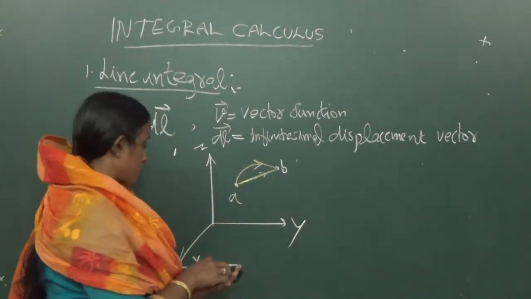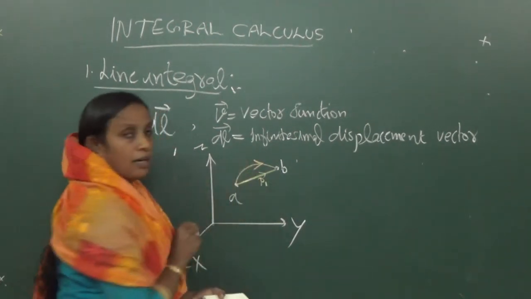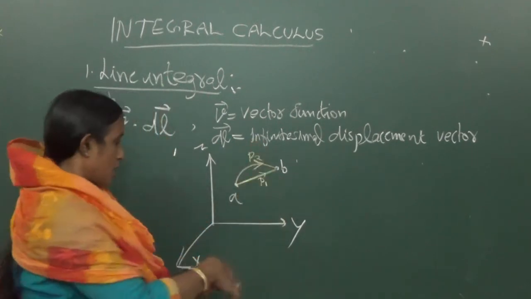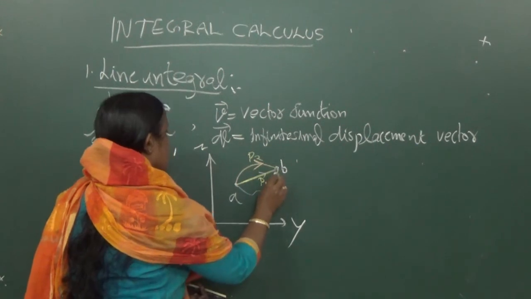Suppose this is path 1, P1, this is path 2, P2, and there is another path P3 like this.